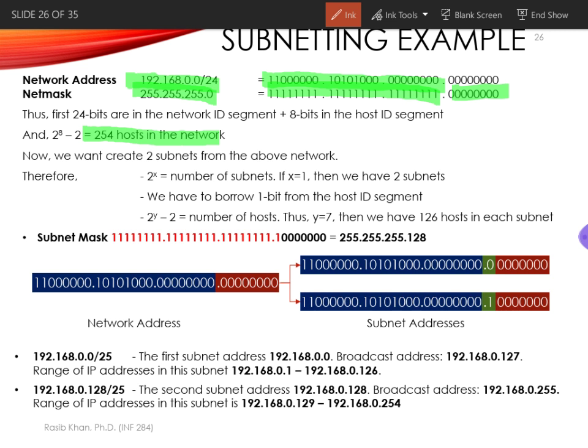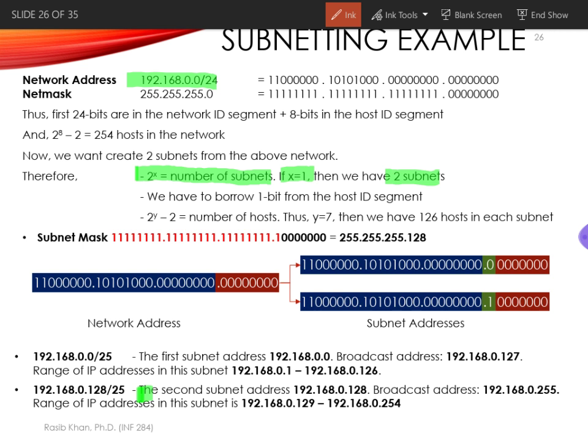So now let's say we would like to create 2 subnets for this IP address. We know that 2 to the power x is the number of subnets. So if we set x to 1, then we can create 2 subnets.